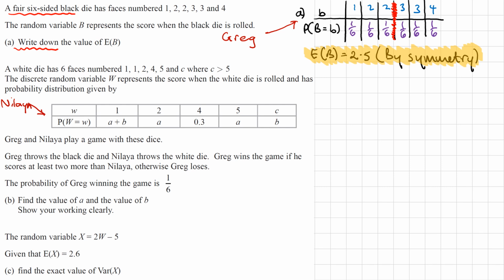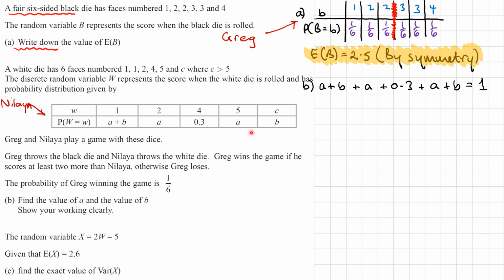Okay, now the first thing is we're going to need 2 equations because we have 2 unknowns. One equation is going to come from the fact that the sum of all the probabilities is equal to 1. So A plus B plus A plus 0.3 plus A plus B is going to equal 1.